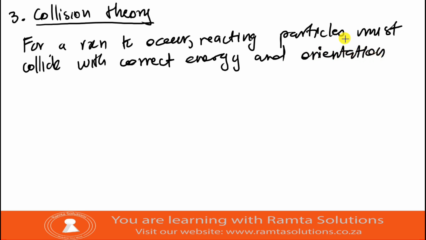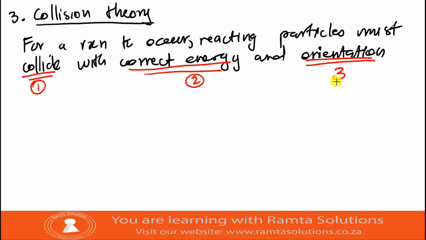So basically here we are seeing three things. For a reaction to occur, particles must collide, but they shouldn't just collide. They must collide with correct energy. So this is condition 1. Condition 2, with the correct orientation.